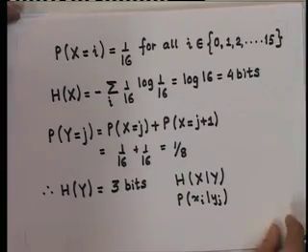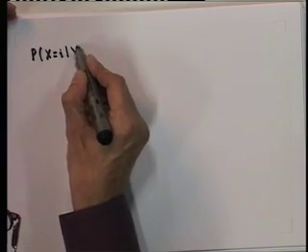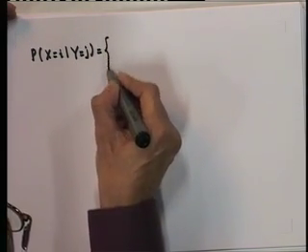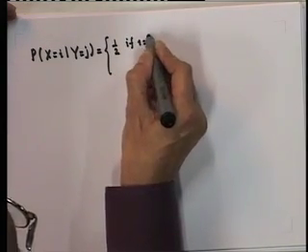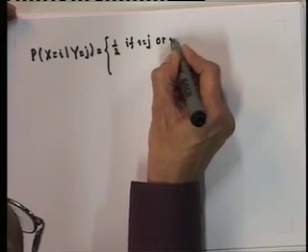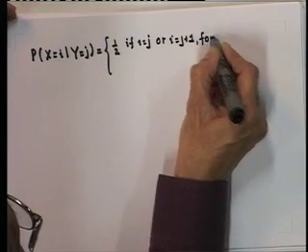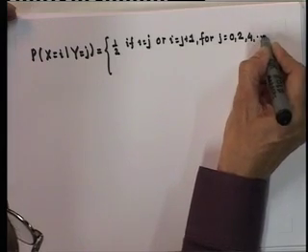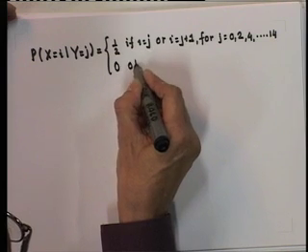Now, from the construction of the source encoder, probability of x is equal to i given y is equal to j is equal to half if i is equal to j or i is equal to j plus 1 for j equal to 0, 2, 4, up to 14, and it is equal to 0 otherwise.